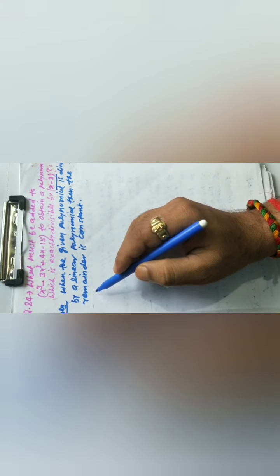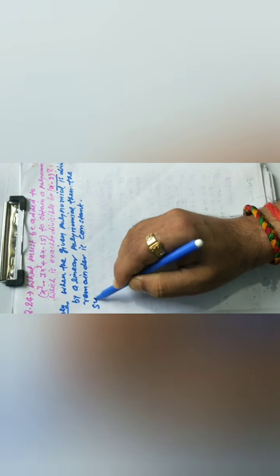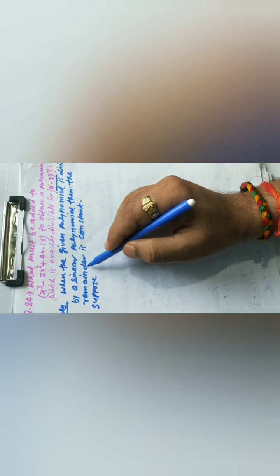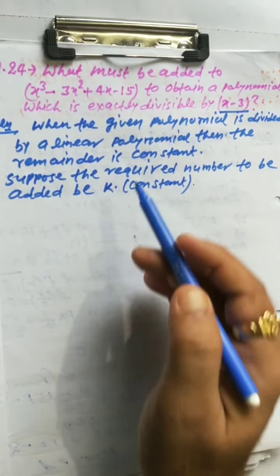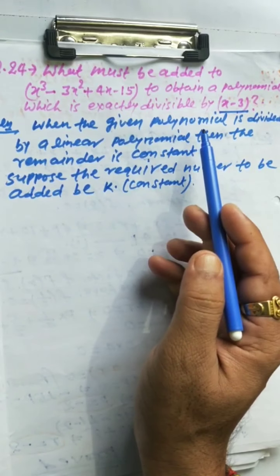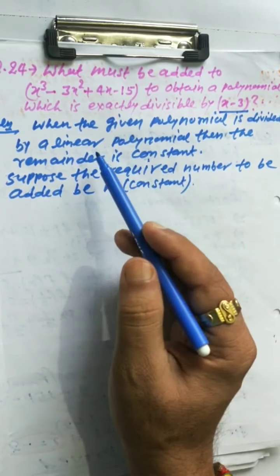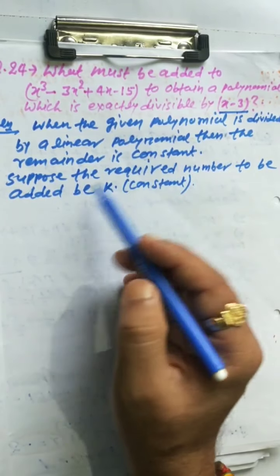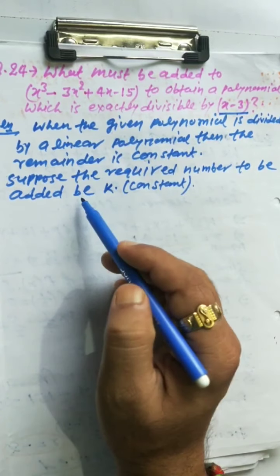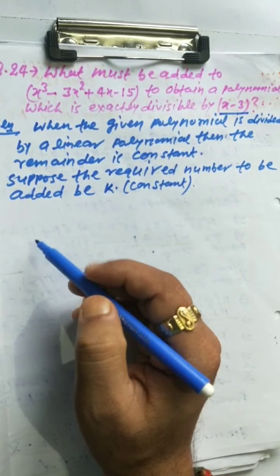So suppose the required number to be added, since when a polynomial is divided by a linear polynomial, the remainder is constant, be k, which is a constant.